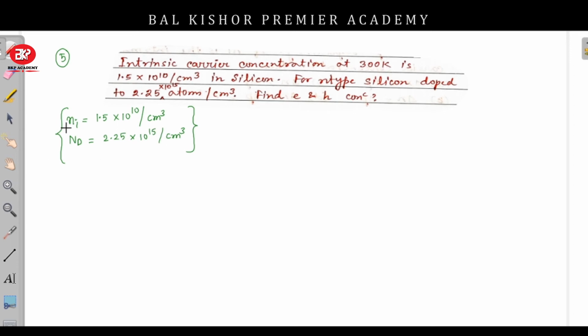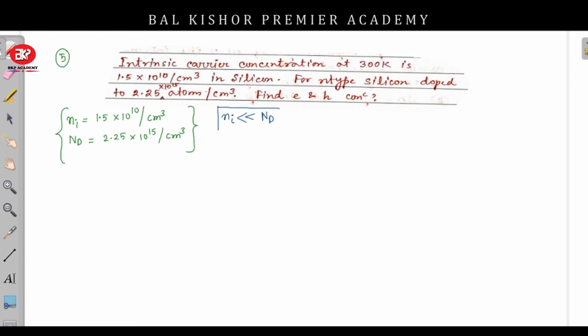Now if I look at the Ni, that is the intrinsic carrier concentration, and the doping concentration, you can see that the intrinsic carrier concentration value is very much less than the doping concentration.